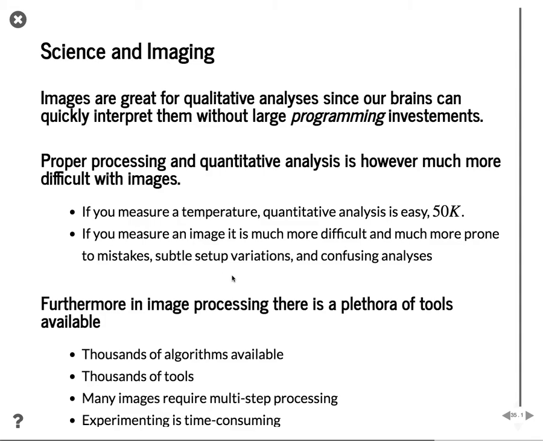Furthermore, if you do 5 temperature measurements, you can average them together. If you do 5 different pictures of a person coming to the hospital, you can't average them. You end up with a blurry mess because the pictures aren't exactly the same. So how can you compare these things in an easy fashion? This isn't the same simple quantitative numbers that you normally get.